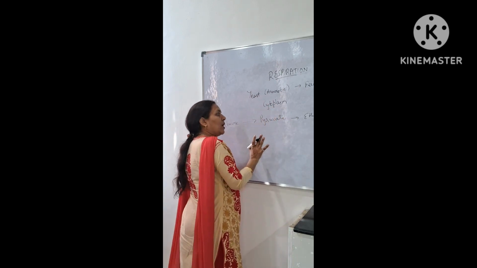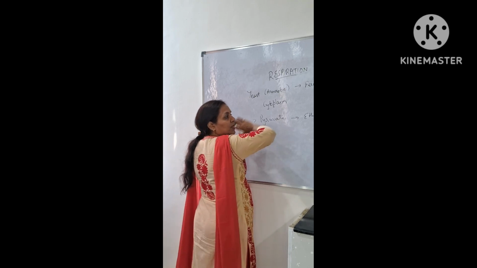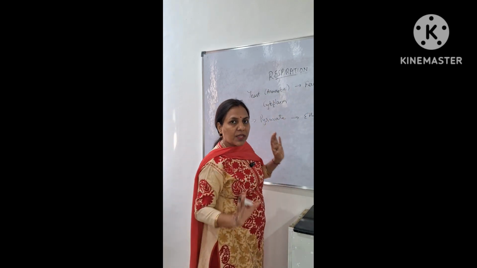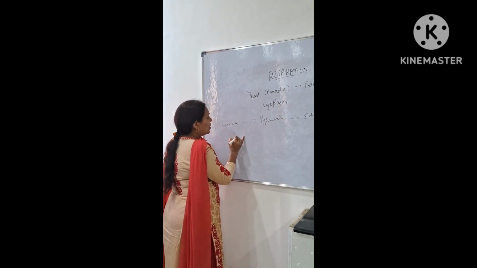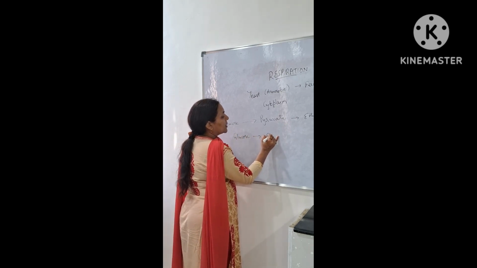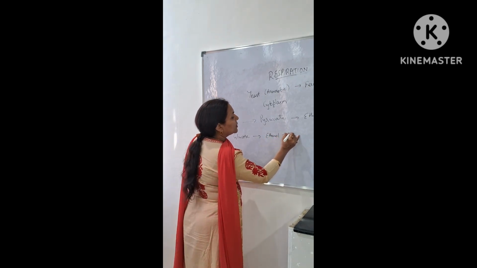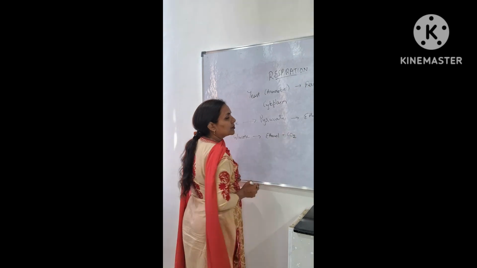Since we are considering the main reactant, that is glucose, and the end product, we can say from a molecule of glucose we get ethanol or ethyl alcohol and carbon dioxide.